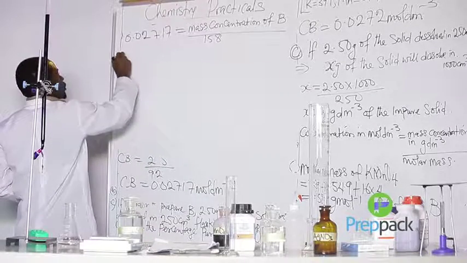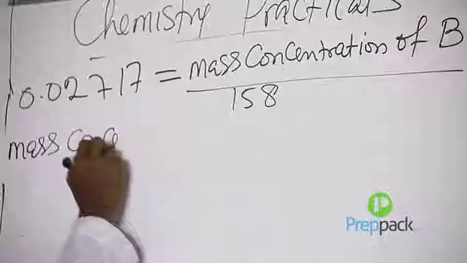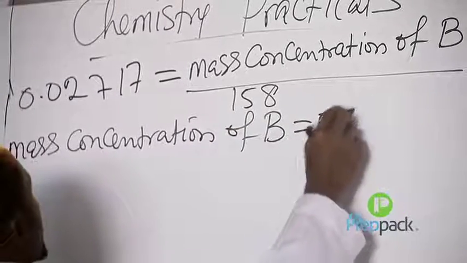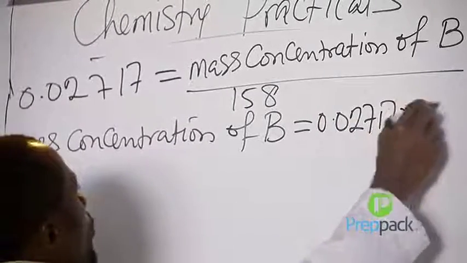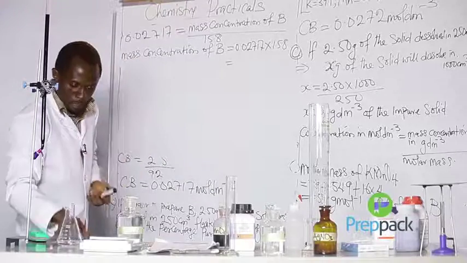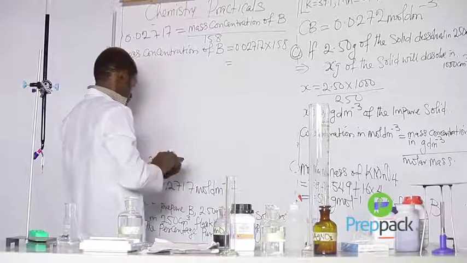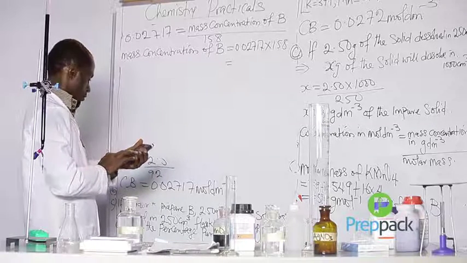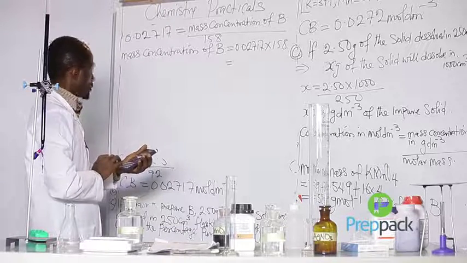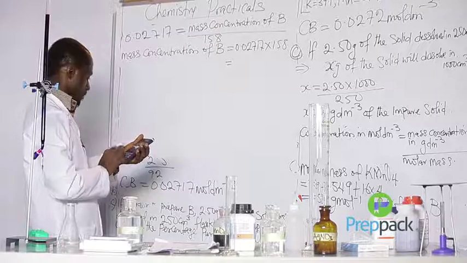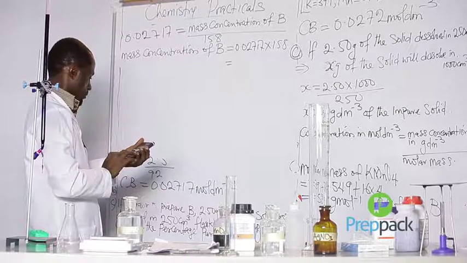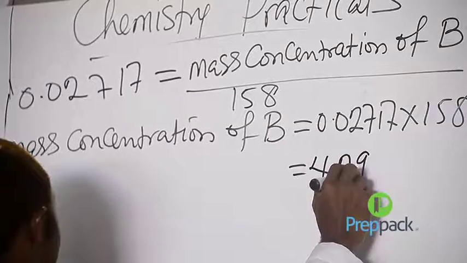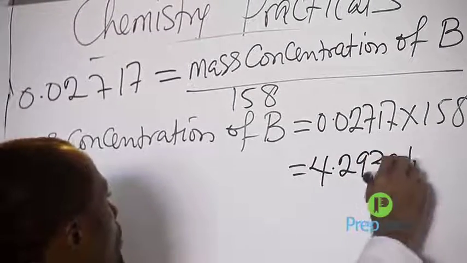When you cross multiply, the mass concentration of B becomes 0.02717 multiplied by 158, equal to 4.293 gram per dm cube.